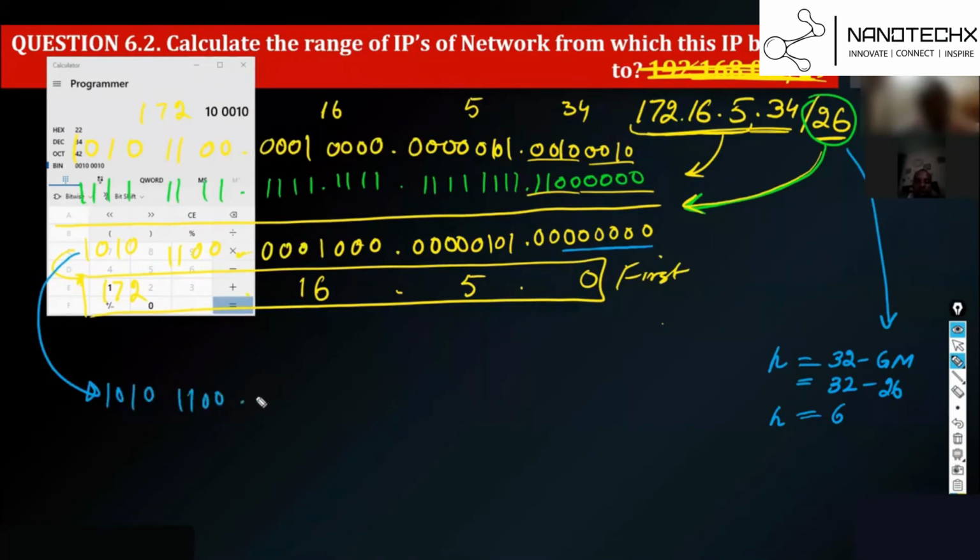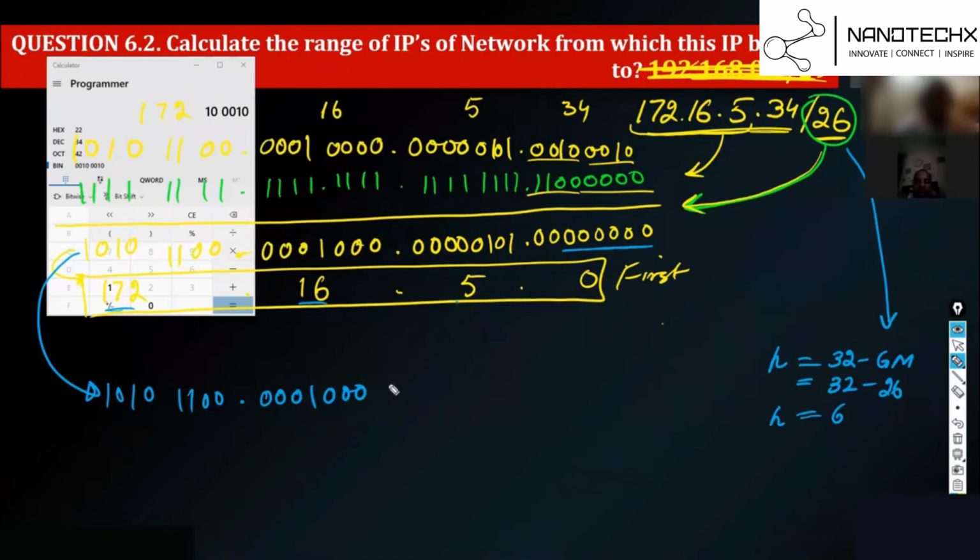10101100 dot 00010000 dot. Even no need to write, you are experts now, you can know that this is already 172.16.5. Just write the last number. Let me reset the pen.